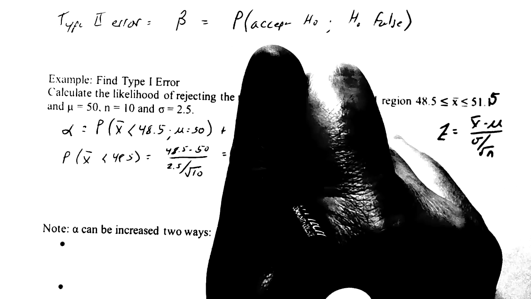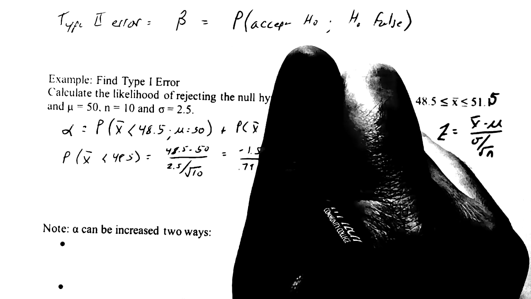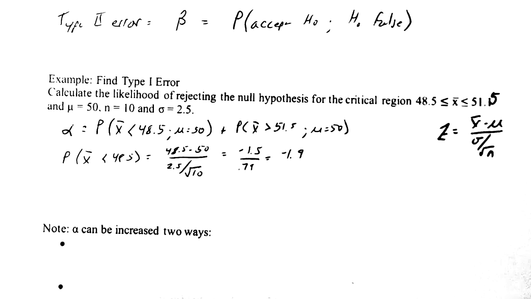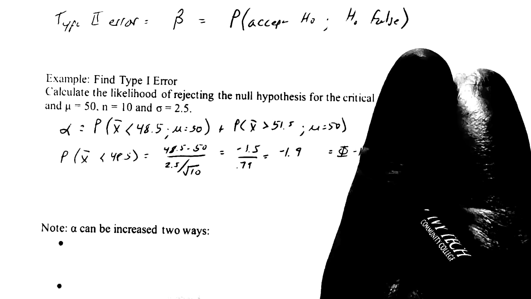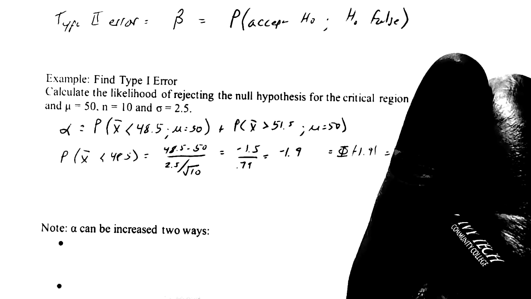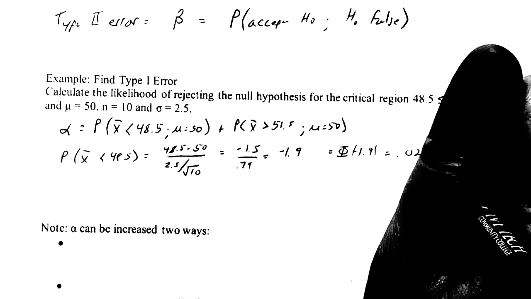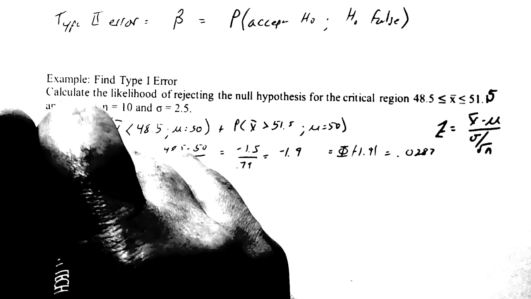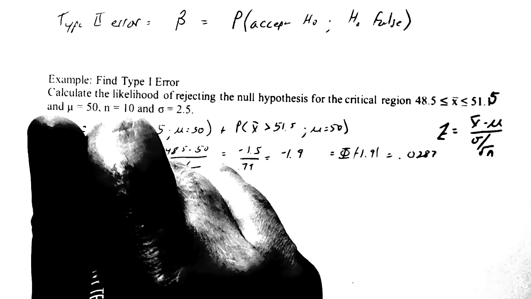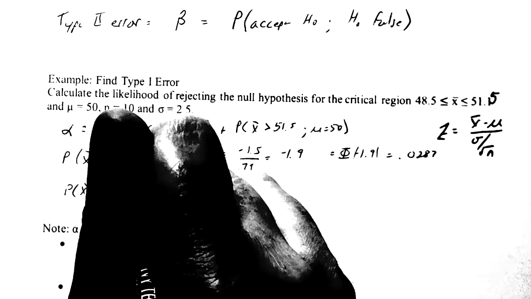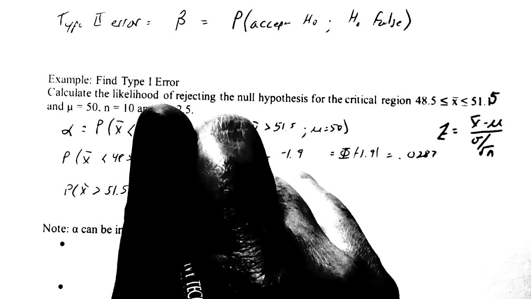And that gives us a z-statistic of negative 1.9. I looked that up on the table, and I find that that z-statistic of negative 1.9 is equal to 0.0287.